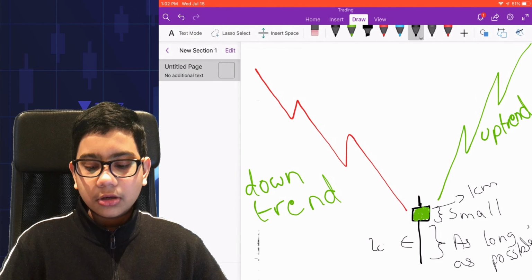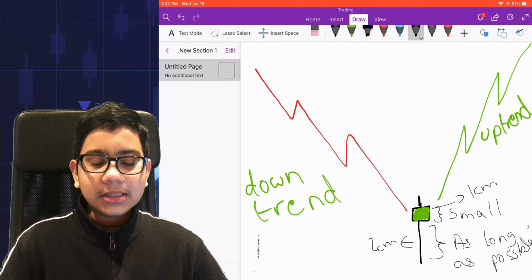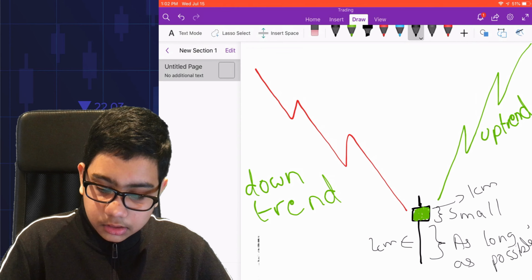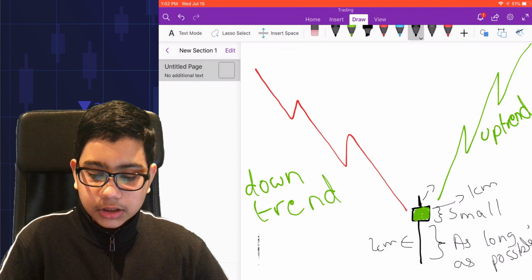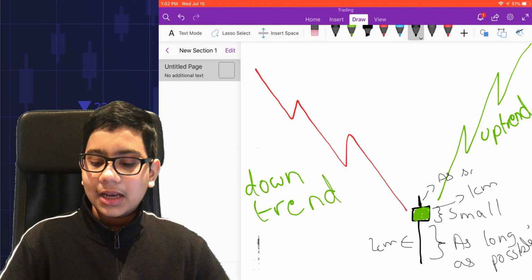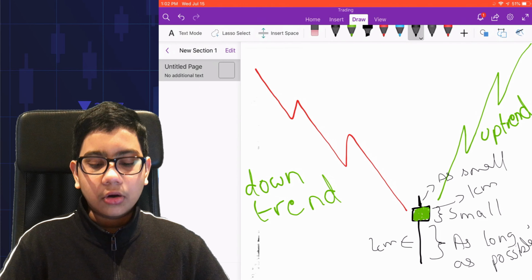So the lower wick should at least be twice the length of the body. Now the upper wick should be as small as possible, and it's better if there's no upper wick at all.